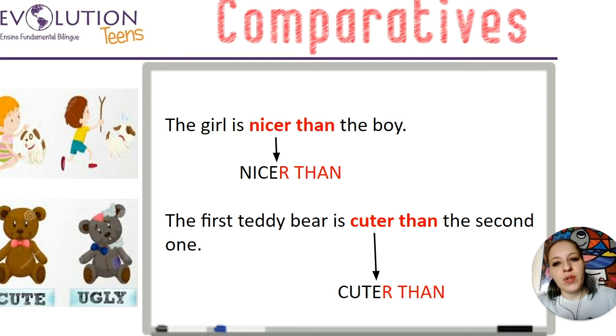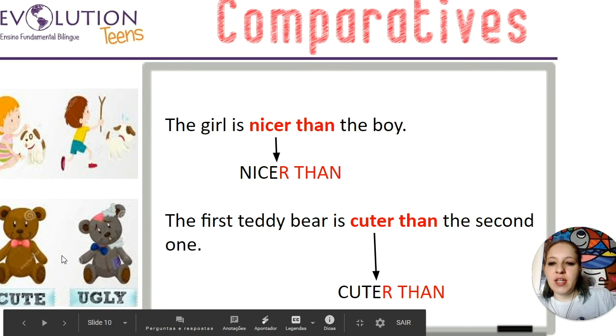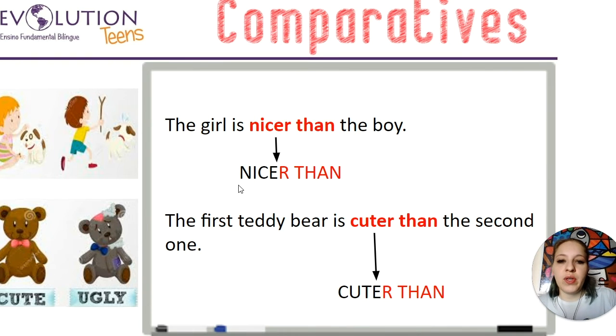The girl is nicer than the boy. The first teddy bear is cuter than the second one. So here we have the adjective ending in E.